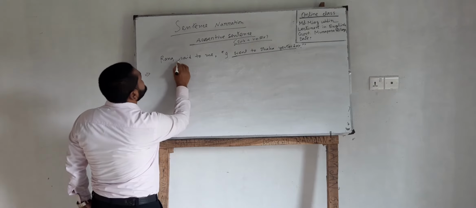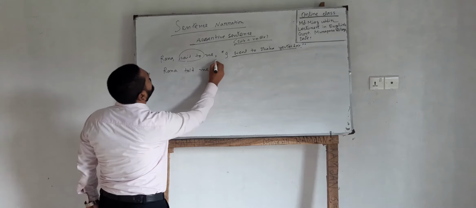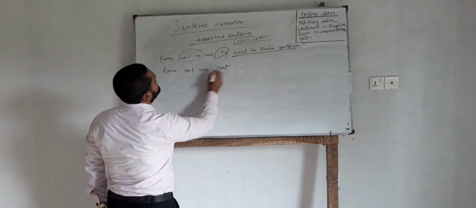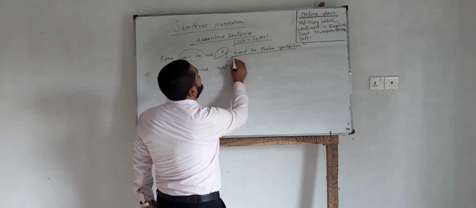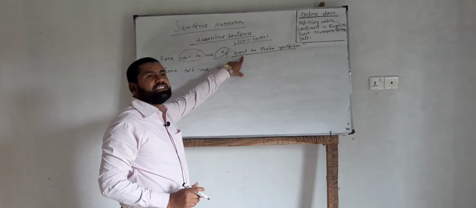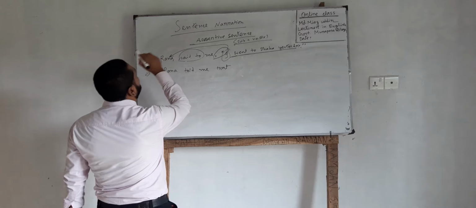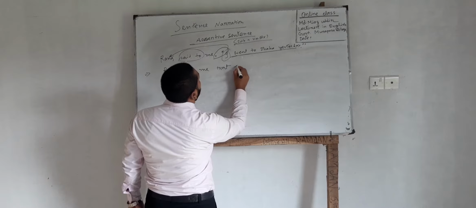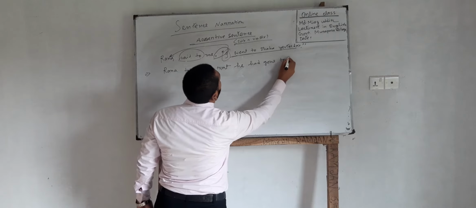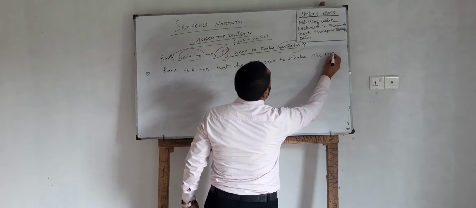Here the reporting verb said to is changed into told: Rana told me. Instead of comma and inverted comma, we use the conjunction that. Follow the sentence: I went to Dhaka yesterday. This past indefinite tense is changed into past perfect tense. The first person is changed into Rana: he had gone to Dhaka the previous day.